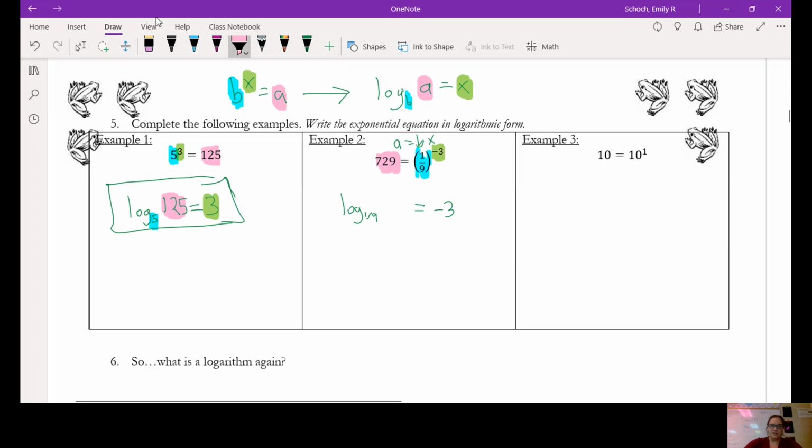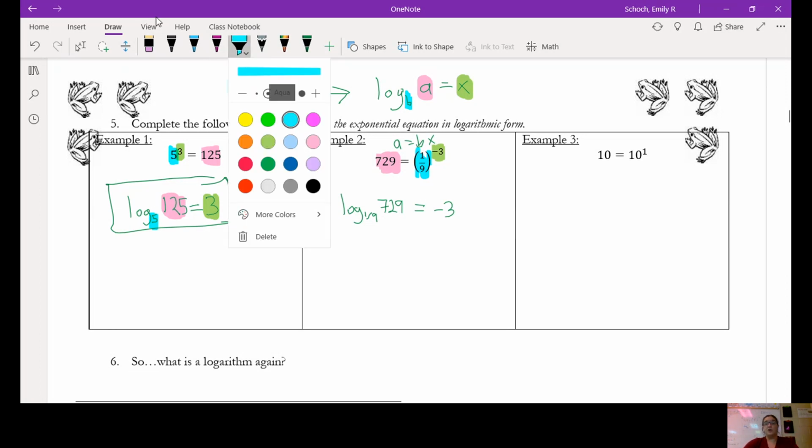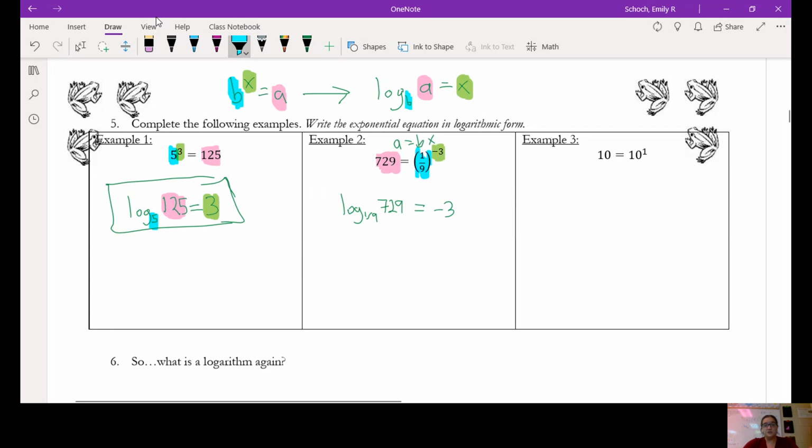So that's what's going to go right here. 729 goes right there. So you can see again, I started by writing the word log, which is what you should do.